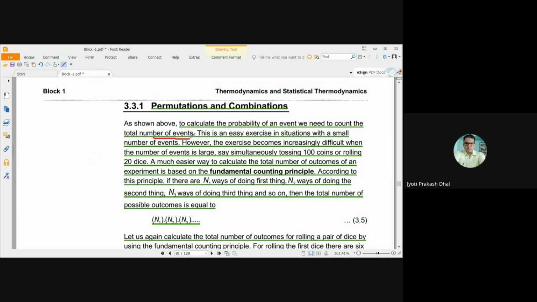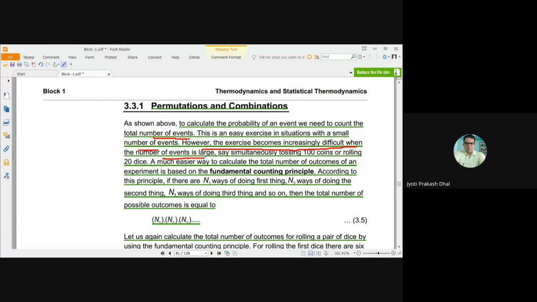This is an easy exercise when there is a small number of events. However, the exercise becomes increasingly difficult when the number of events is very large. When there is a small number of events, you can easily count them.